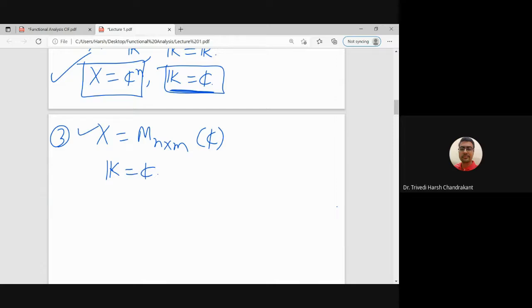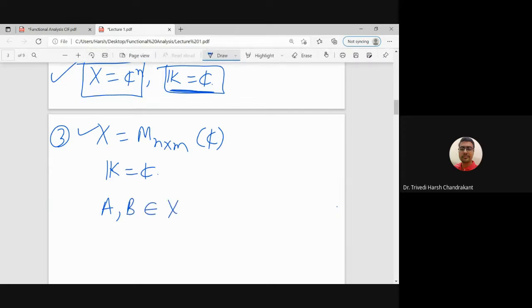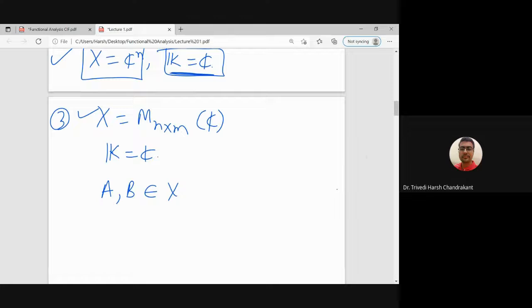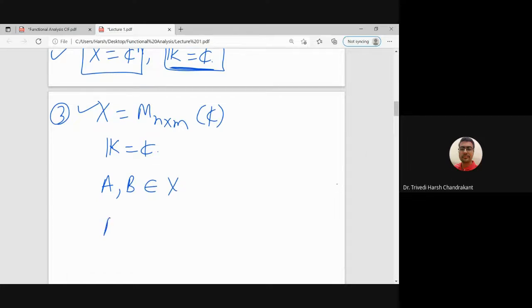If we have two matrices A and B of order n cross m, then how do we define A plus B?